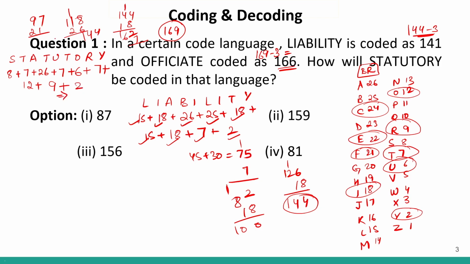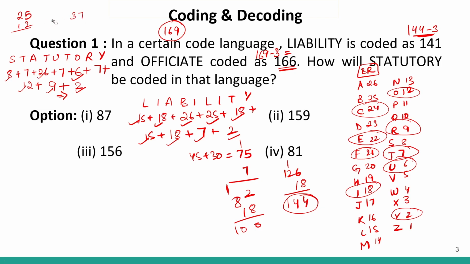Correct? Let us find the sum. So if I sum this, 9 plus 8 will give me how much? 17. 17 plus 2 will give me 19. Correct? 19 plus 6 will give me how much? 25. 25 plus 12 if I do, I'll get 37. 37 plus 26.